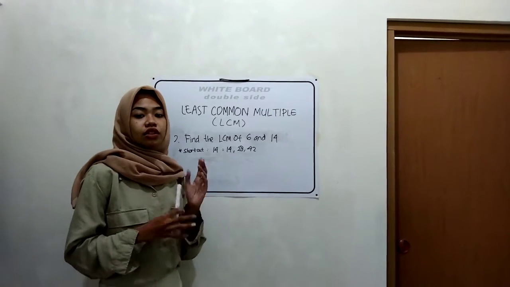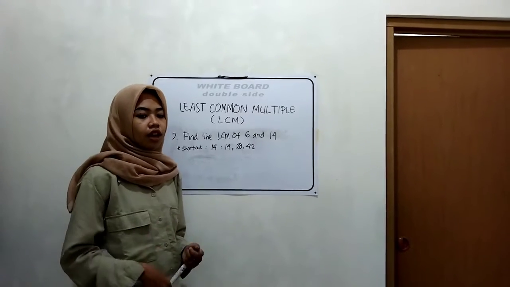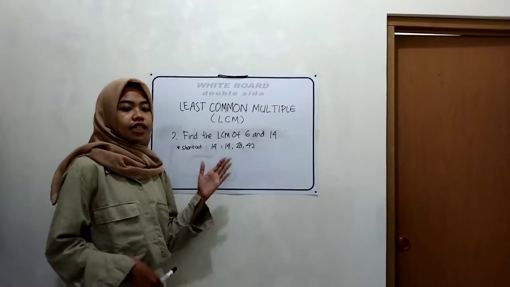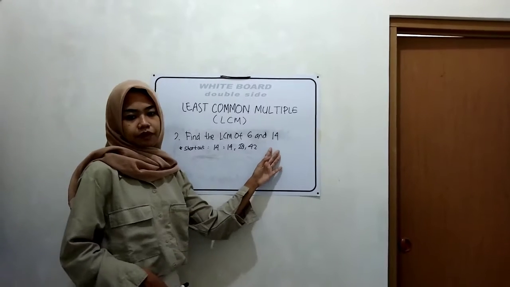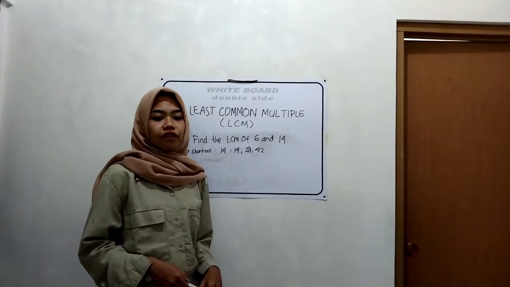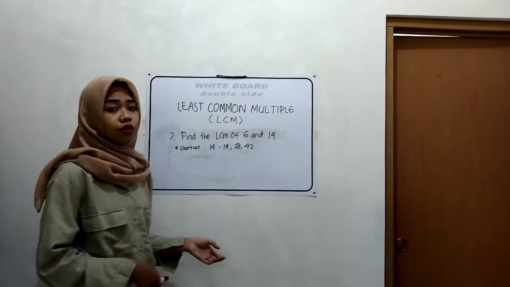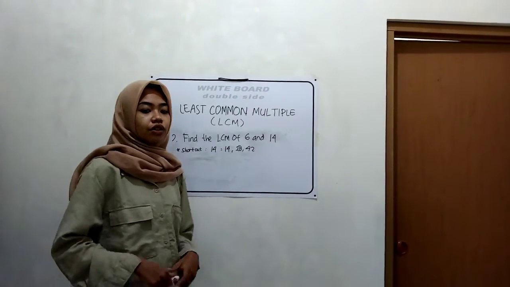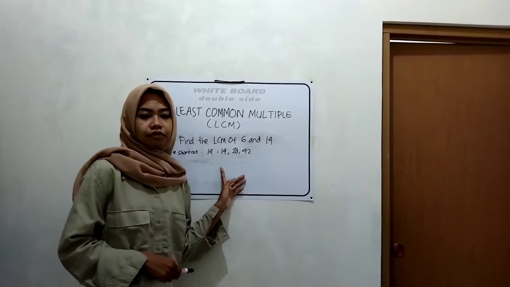So we can use that to our advantage and think: 14 is the greater number. Would it even be possible to have a common multiple less than 14? The answer is no, right? Because the first multiple of 14 is 14.